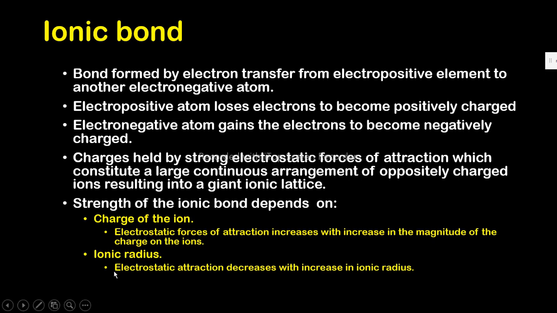But for ionic radius, the smaller the atom, the stronger the force of attraction that will exist between those two atoms. And so, the stronger the force of attraction, the stronger the ionic bond that is formed.